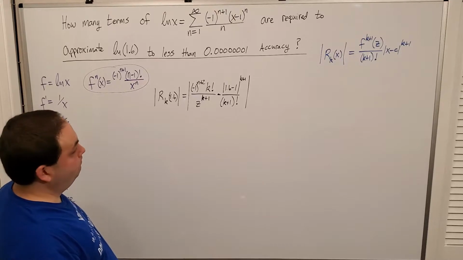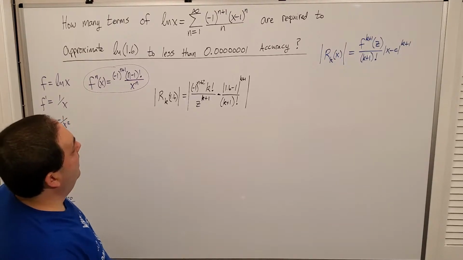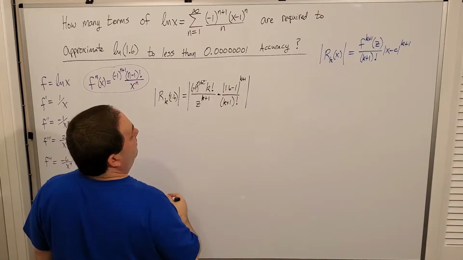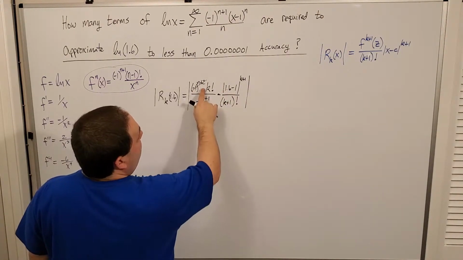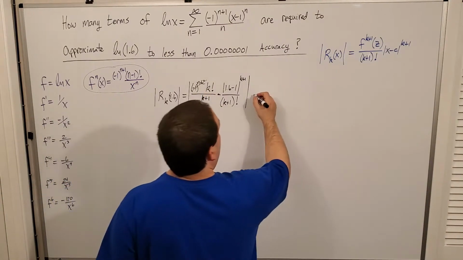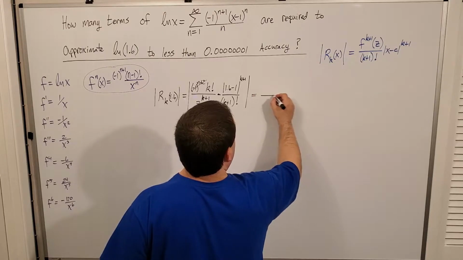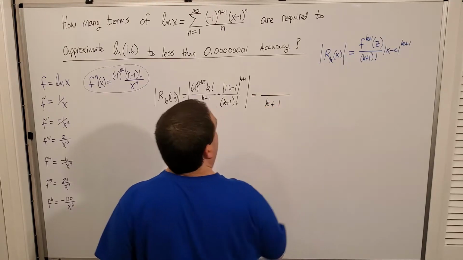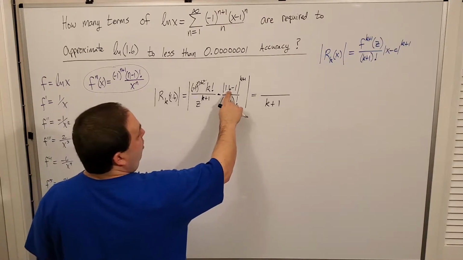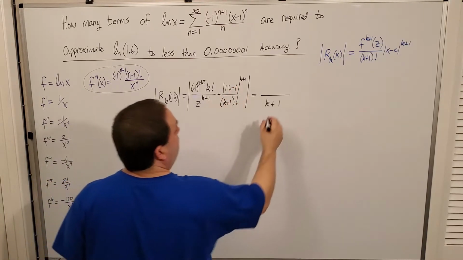All right, so let's see what we have here now. The negatives are going to go away because of the absolute value. The k factorial and the k plus 1 factorial are going to reduce, so that all I'm left with in my denominator is k plus 1. The factorials are going away there. I'm going to have 0.6 to the k plus 1 power.